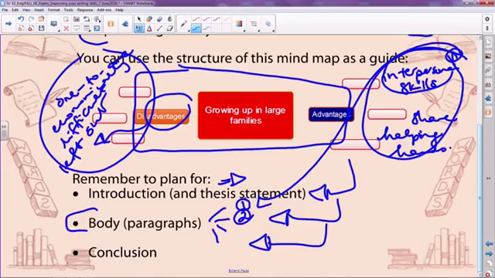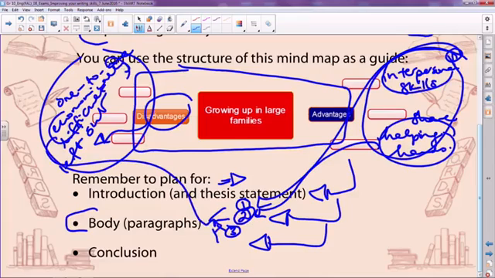My second, I want to talk about having lots of helping hands. Then I'm going to shift to the disadvantages. So my third paragraph, I want to talk about it being economically difficult. And the fourth, let me say I want to talk about what it's like to feel left out if you've got loads and loads of brothers and sisters. So that's how I draw all my ideas into the body.